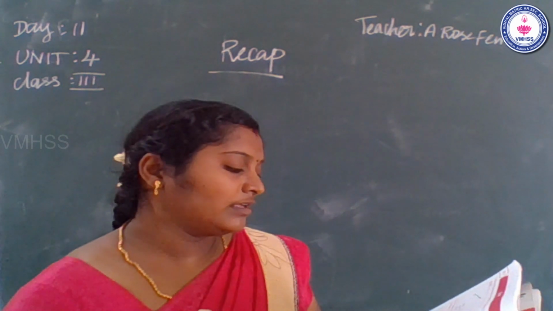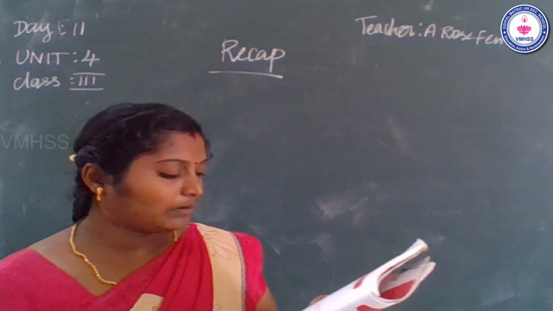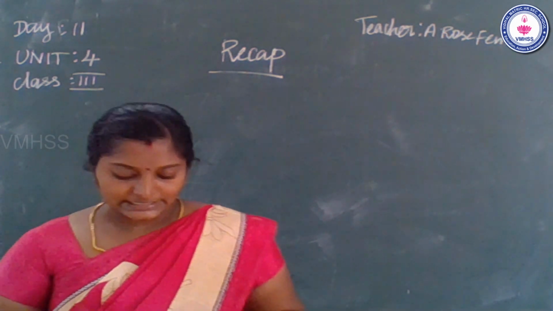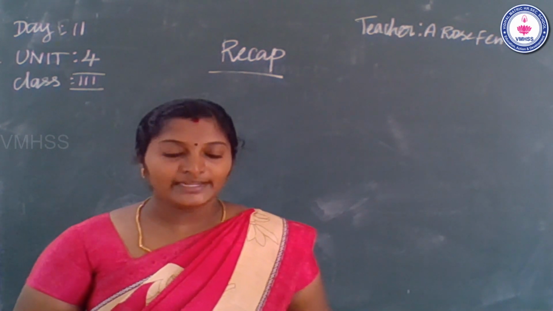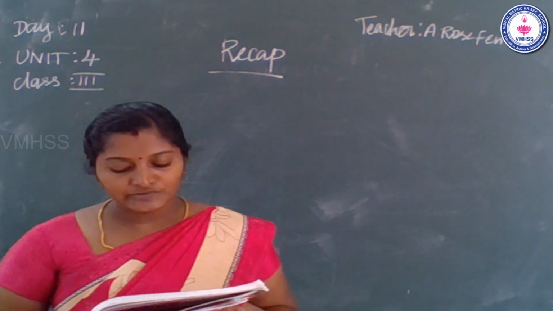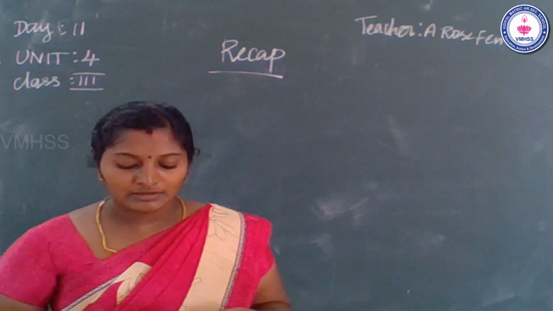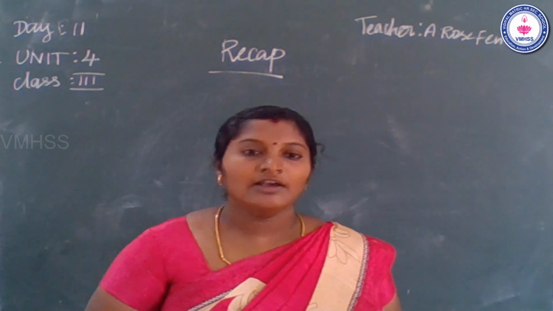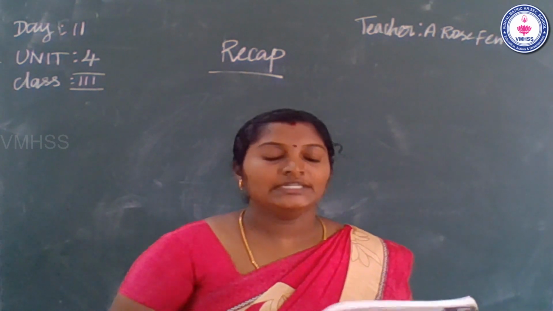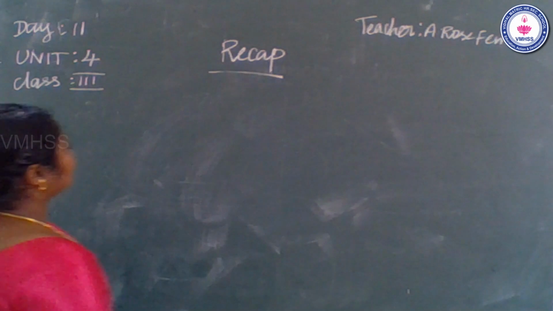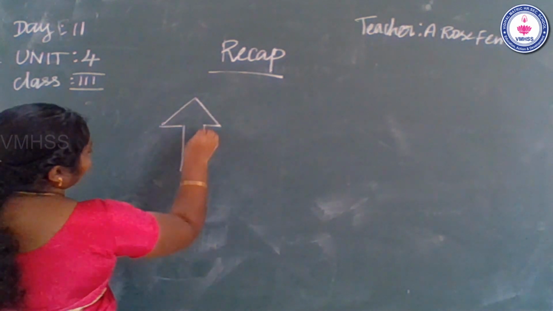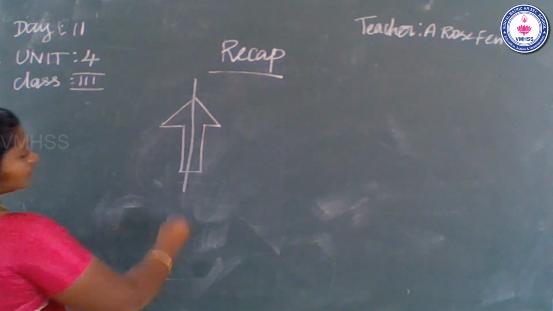Dear children, draw and write the number of lines of symmetry for the following shapes. First picture, an arrow. For example, I draw one line on the arrow.